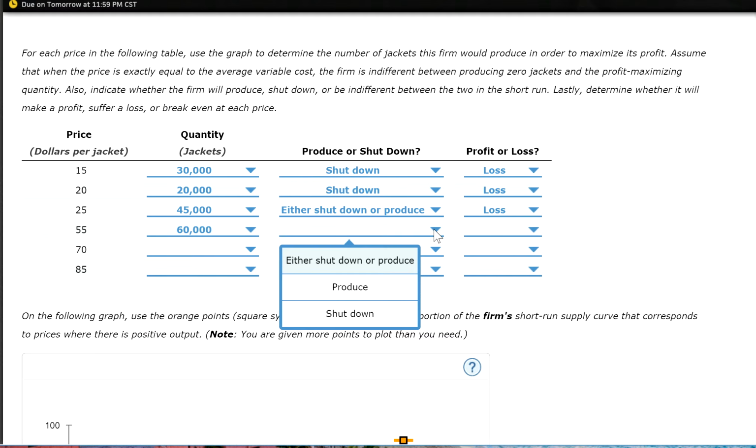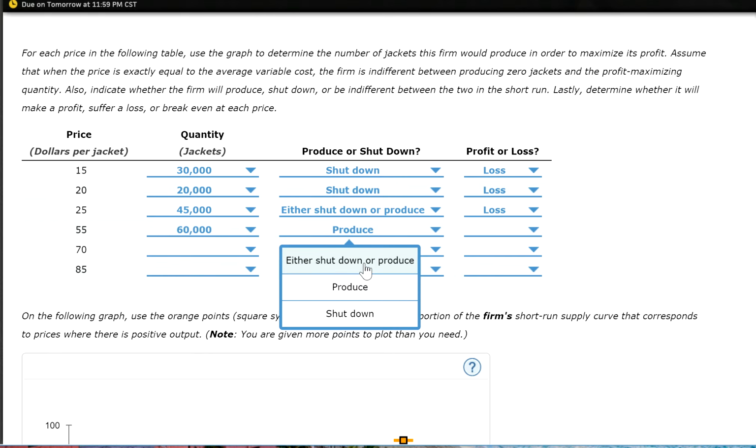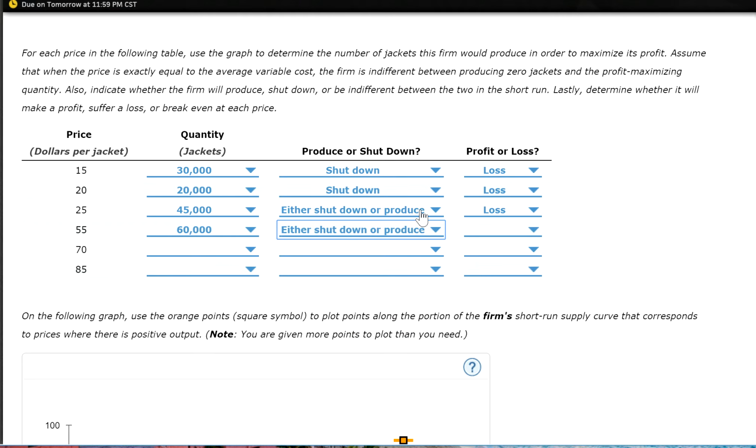And this one we should, let me see, I want to get this one right. Don't want to miss on the first try. Either shut down or produce. Now, does this price produce or shut down in the short run or long run? Good question.